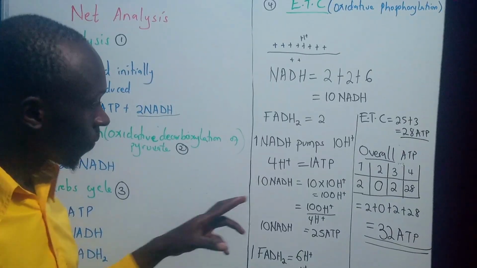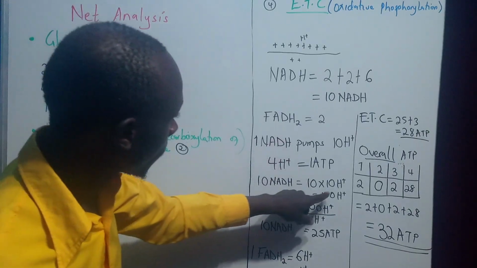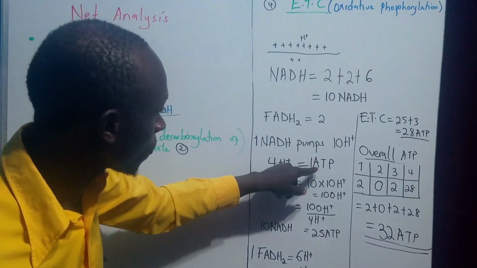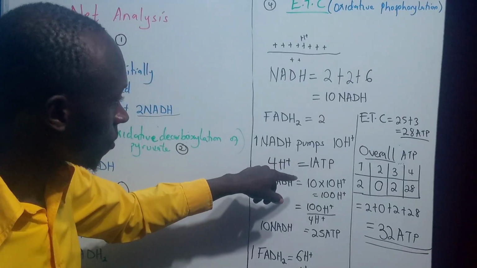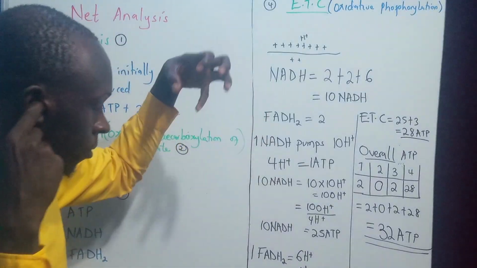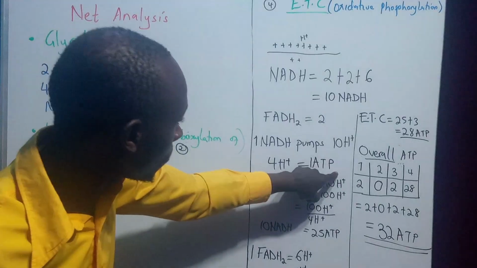So each four ions of hydrogen that cross the membrane via the ATP synthase are going to produce one ATP molecule.